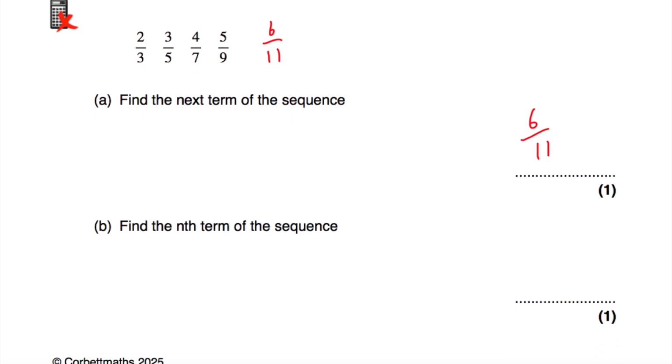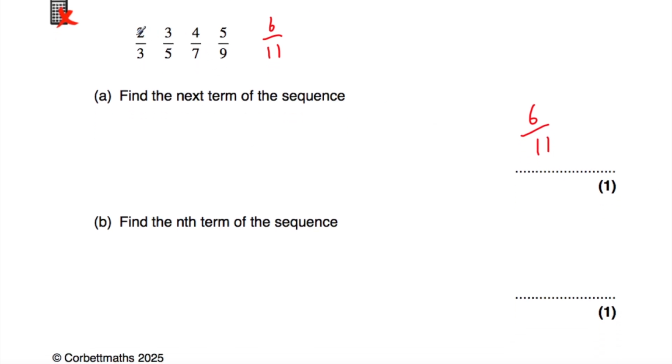And then part B says, find the nth term for this sequence. Because it's a fractional sequence where the numerators are getting bigger by the same amount each time, and the denominators are getting bigger by the same amount each time, we can find the nth term for the numerators, the nth term for the denominators, and then write it as the nth term for the whole sequence. So let's start off with the numerators, 2, 3, 4, 5. Each time they're getting bigger by 1.